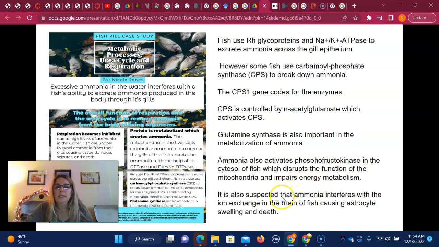It also is suspected that ammonia interferes with the ion exchange in the brain of fish, causing astrocyte swelling and death. So a lot of ion disruptions is what really happens, with the ionized potassium causing lots of breakdowns in the mitochondria and the overall function of the metabolization of the ammonia.